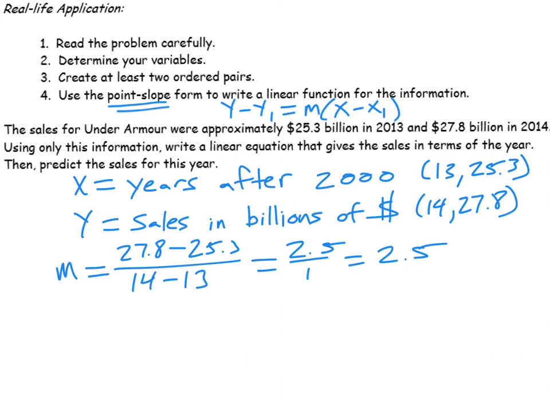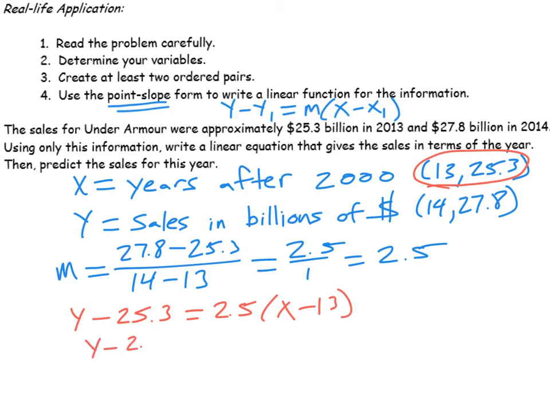Now that I've got that, I'm going to step down here. All right, y minus 25.3, just for whatever reason I'm going to use this point right here, equals 2.5, that's the new slope that I found, times x minus 13. We're going to go from point-slope form to get it to slope-intercept form.